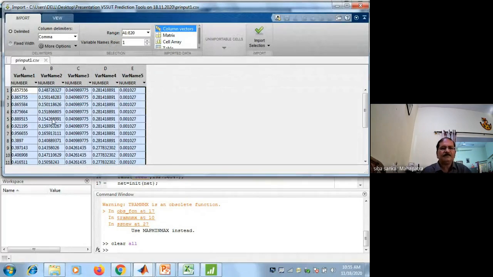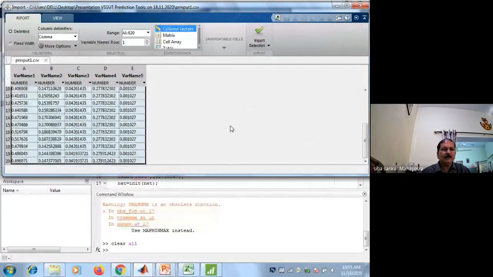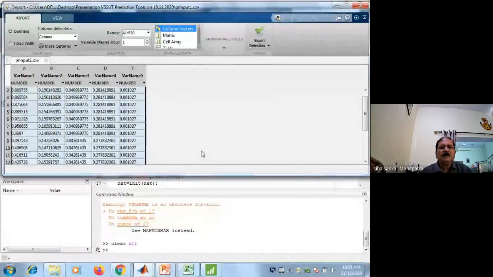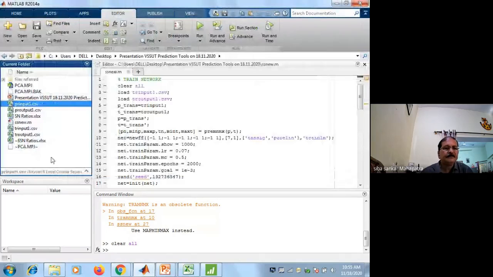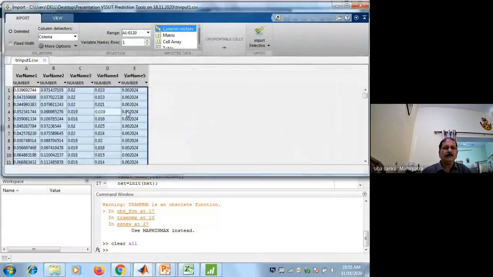Now these are the normalized data. I have told you that you have to normalize the data because of the scaling effect. The number of neurons in the input is 5. So how many data are we having?